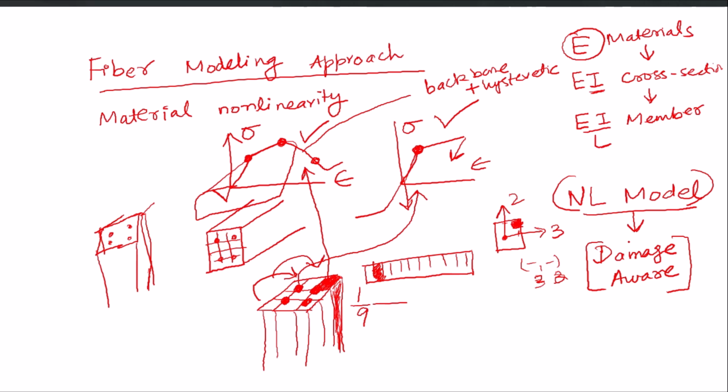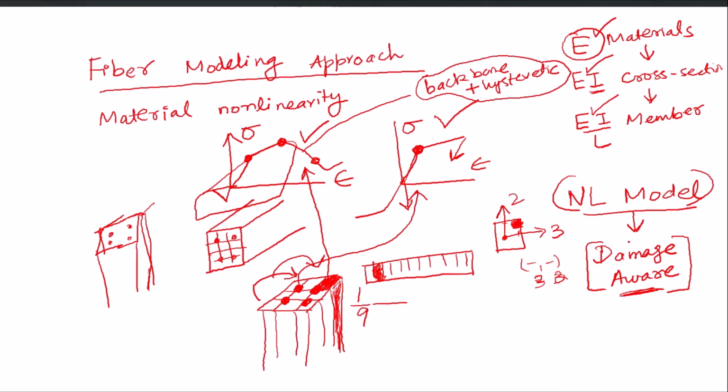So the actual material nonlinearity will be captured by both of these properties, backbone plus the cyclic behavior, and then that will be assigned to our fibers, and then fibers can account for the nonlinearity at a more fundamental level, at material level, which can be manifested in the cross section level, because when the E is variable, then you have cross sectional stiffness as variable, and ultimately the member stiffness as variable, which means your whole model will be a nonlinear model, and it will be able to tell you what damage it sustained or exhibited during the analysis.